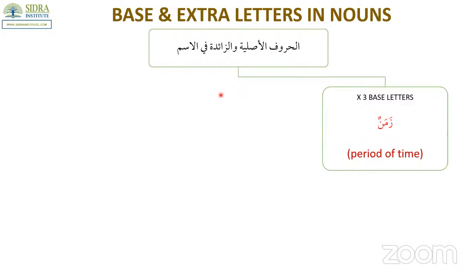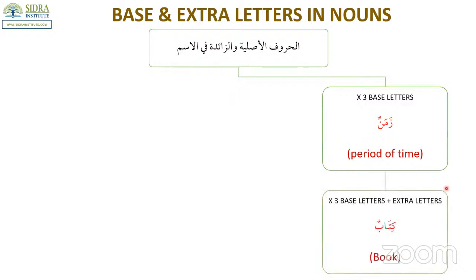Now you can also have three root letters in a word with some extra letters as well, like the word kitabun. The root letters in kitabun are kaf, ta, and ba. Now we have three base letters plus extra letters. In this case, it's just one. Okay, so kitabun. The alif is the extra letter.